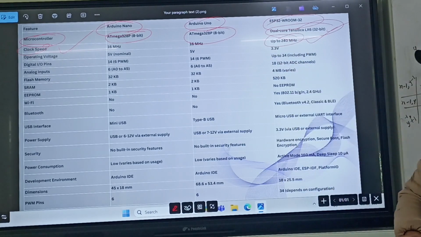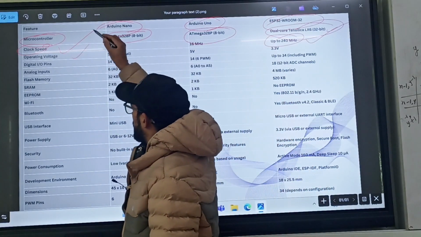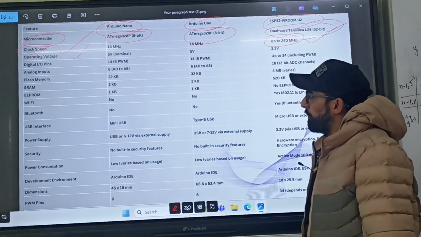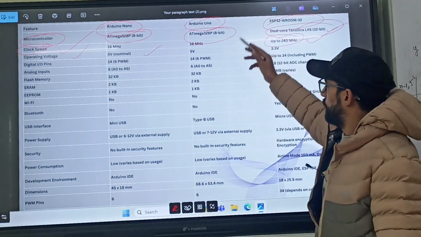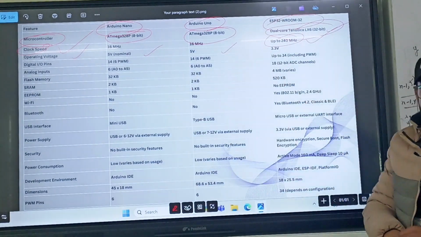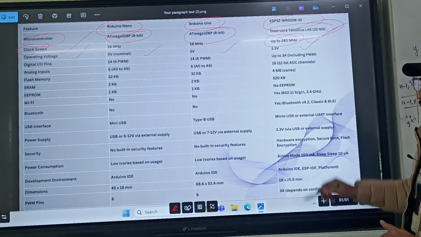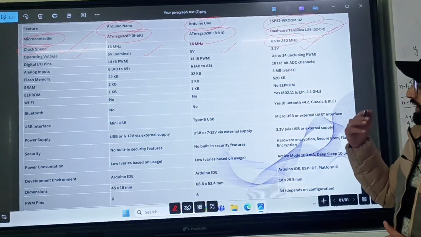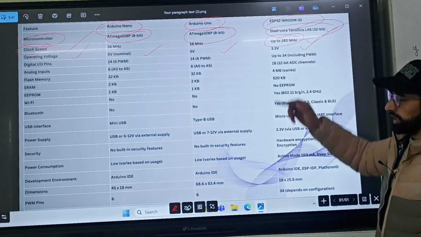Then we talk about the operating voltage. The nominal operating voltage of the Arduino Nano is 5 volt, same for the Arduino Uno, but ESP32 operates at 3.3 volt.